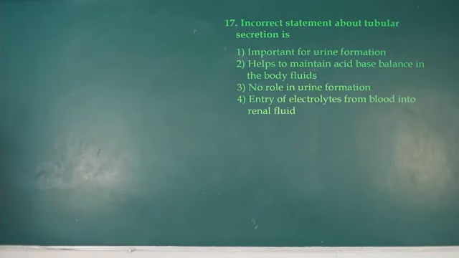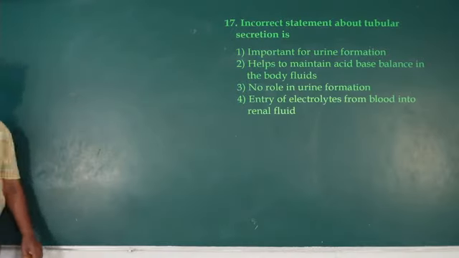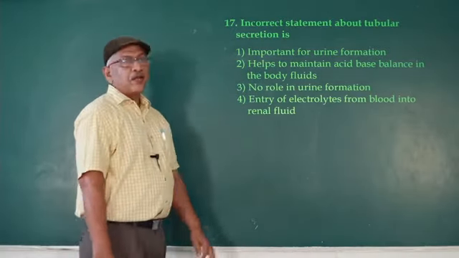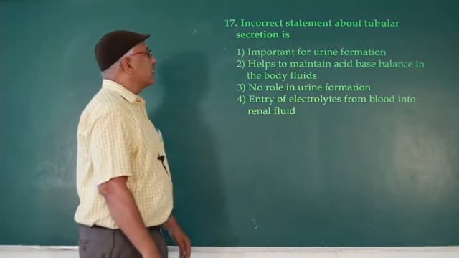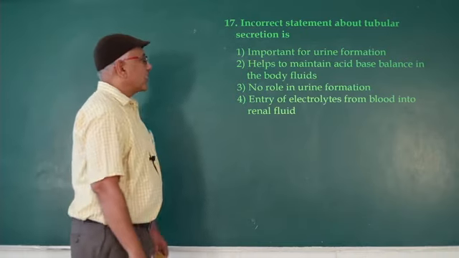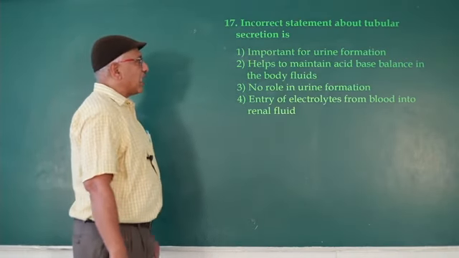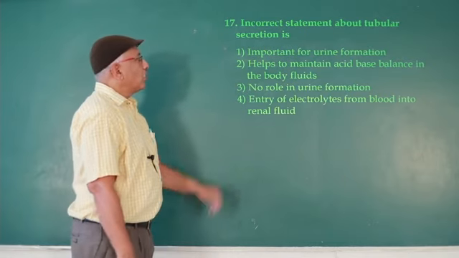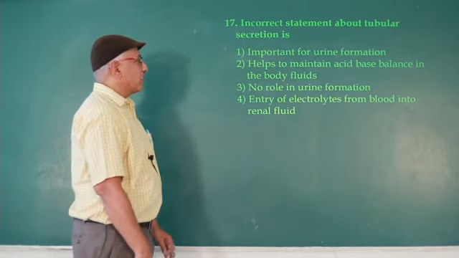Next question. Which is the incorrect statement about tubular secretion? Important for urine formation: correct. Helps to maintain acid-base balance in the body fluids: correct. No role in urine formation: wrong.